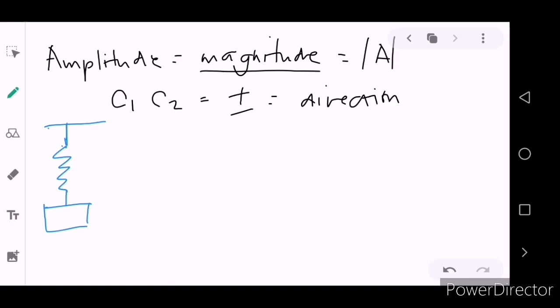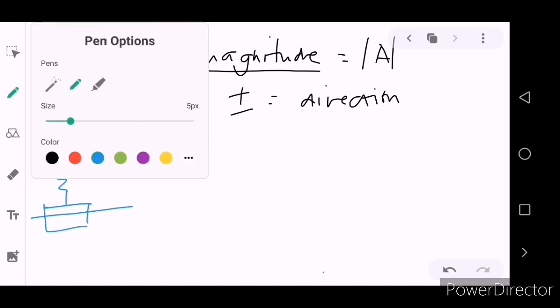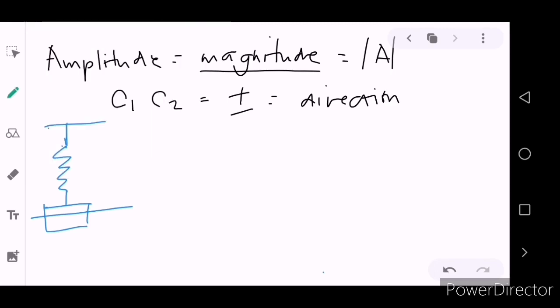In this position, this is our datum line or equilibrium line. Let's say we stretch it a bit. Therefore, magiging position ng block natin would be here, sa green.